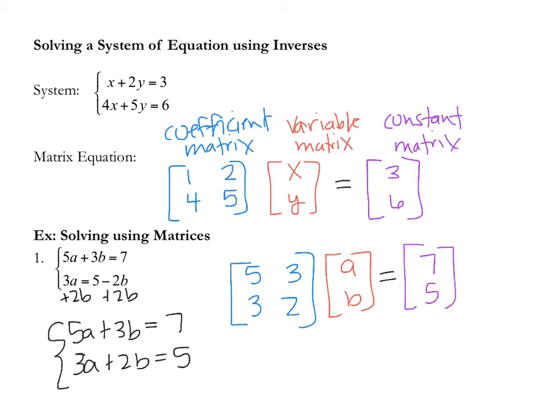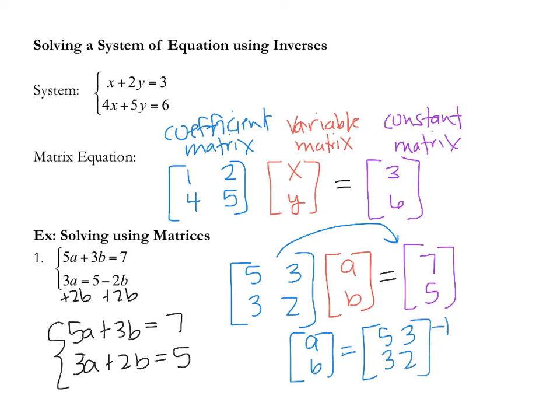And then we just solve this like we learned on the last page. We need to think about what we can do to move the coefficient matrix to the other side so we can get the A, B by itself. Because those are being multiplied, to move it, I have to use the inverse. So to find A, B, I'm going to do the inverse of that matrix times 7, 5.